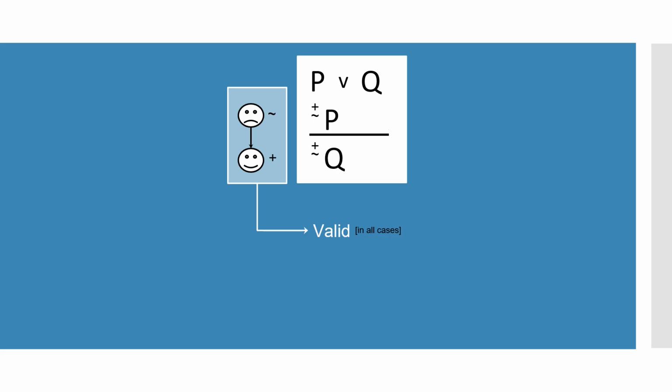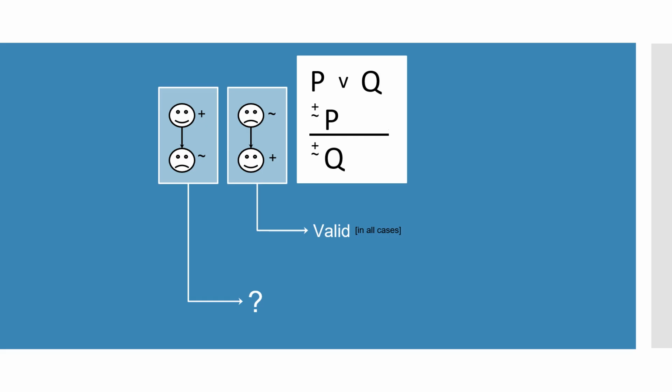And it doesn't matter if it's an inclusive or exclusive disjunction, it's simply valid and universally so. On the other hand, if you affirm to deny, so in your second premise, you affirm one of your disjuncts in order to deny whatever's left over, we are now in a position to ask some questions about the distinction between inclusive and exclusive.